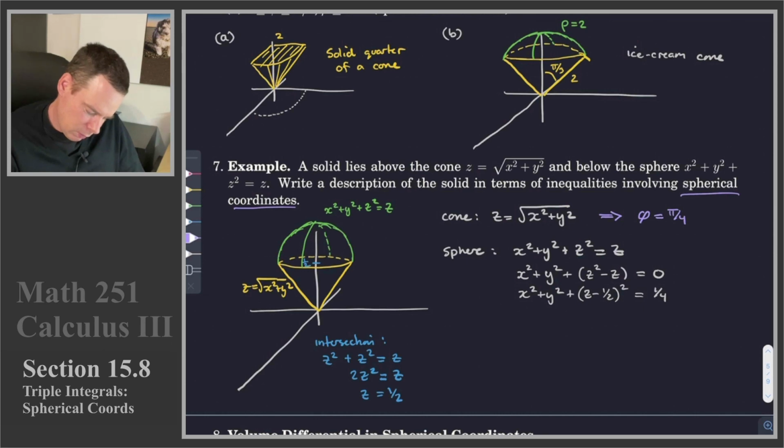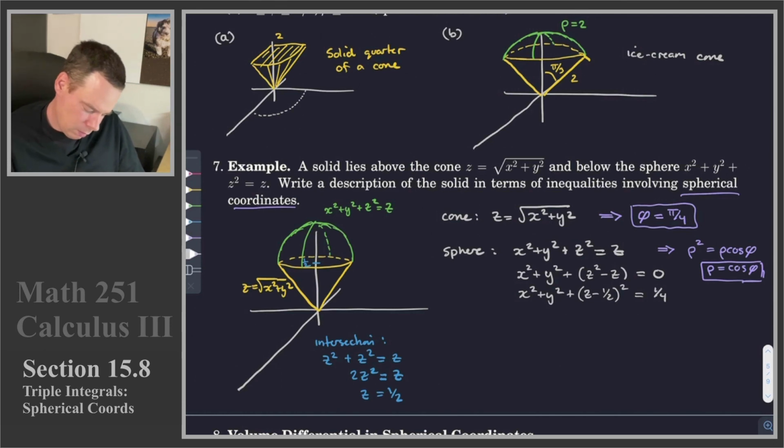In terms of spherical coordinates, the first equation, as we've written the sphere, the left side would be rho squared, the right side would be rho cos phi, and so we could cancel out a rho and get rho is equal to cos phi. So there is our sphere in spherical coordinates, and there is our cone in spherical coordinates.